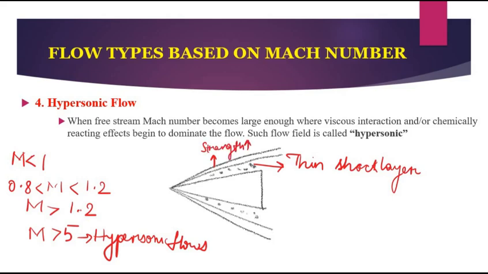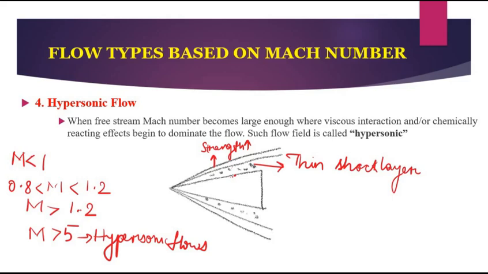And that is why we call the layer that you can see between the object and the shock a thin shock layer, as it is coming closer to the body, and also the strength of the shock is increasing. So this is known as a shock layer.